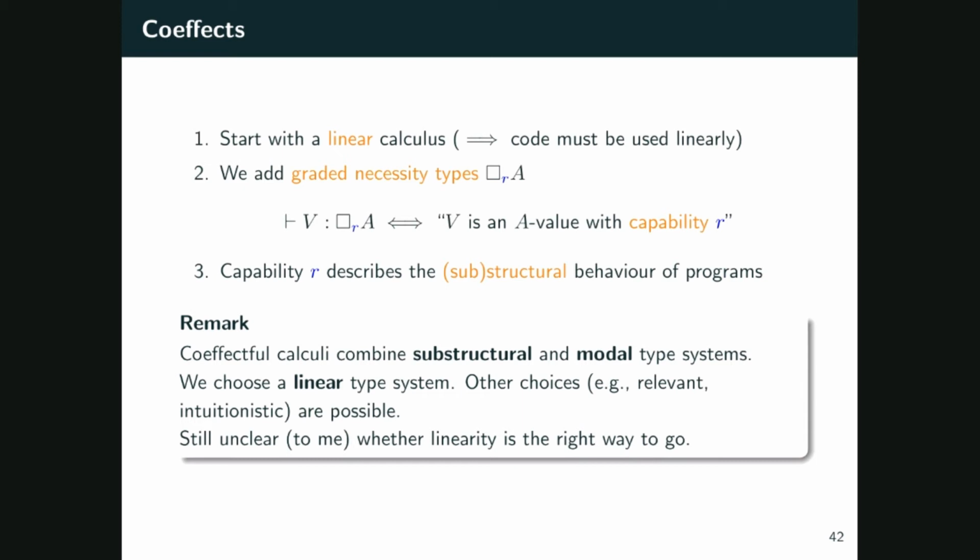But there are other possible choices, such as starting with a relevant or an intuitionistic base, especially if one is interested in the modal aspects of the calculus. And it is still unclear to me whether linearity is the right way to go. As I said, this is ongoing research, so a lot of things are just at their very beginning, and there are things that I'm not sure about yet.